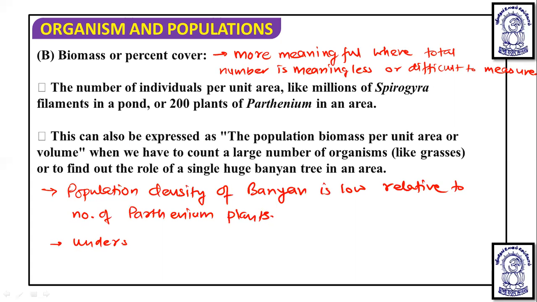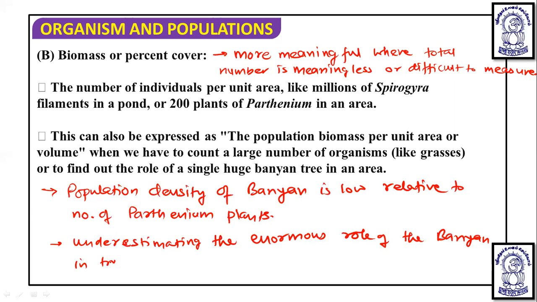Okay, so population density of banyan is low, but we are here underestimating the enormous role of banyan in that community. So number is more obviously, but Parthenium is a small size plant. So we can say the percent cover or biomass of a banyan tree is more.